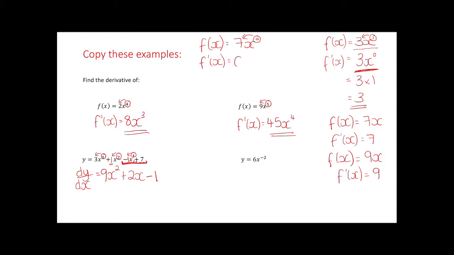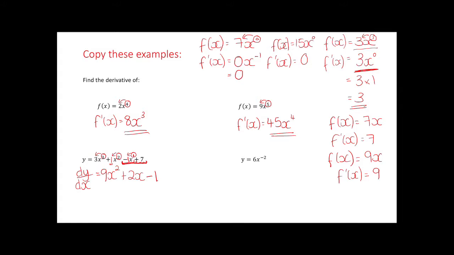Anything times by 0 just gives us 0. And we would have x decrease that 0 to minus 1, which just means 0 times by x to the power of negative 1. Again, anything times by 0 just gives us 0. So again, if we had something like f of x equals 15, x to the power of 0, just 15, when we differentiated that, we would just end up with 0.